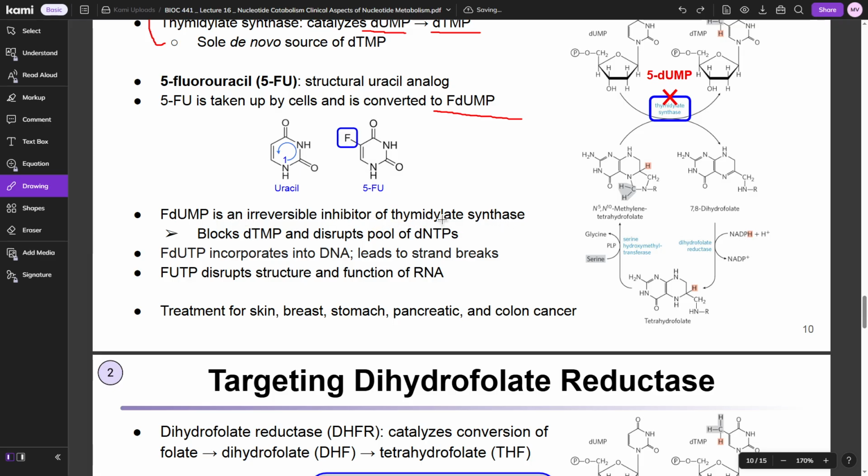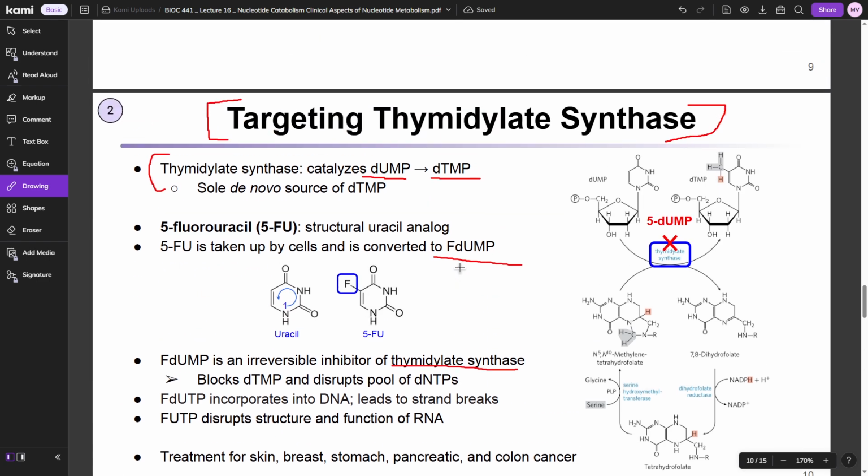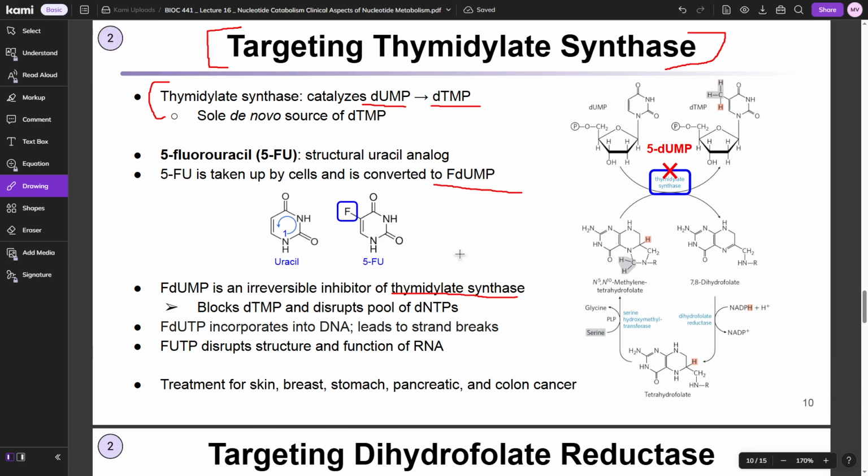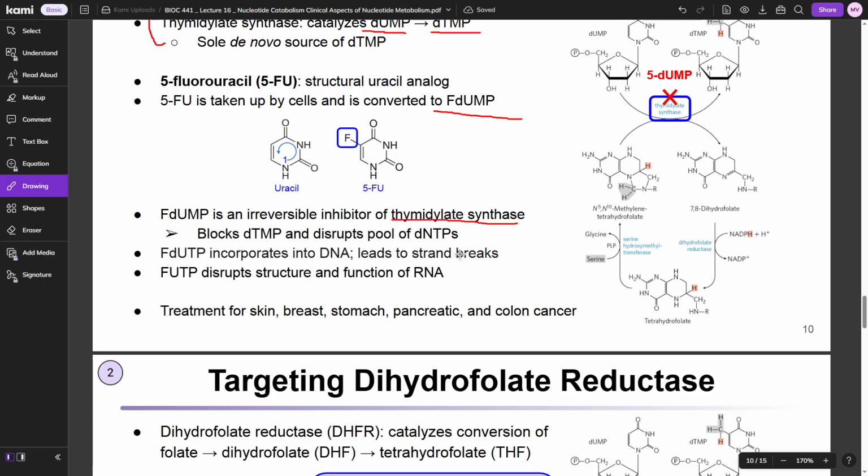So it's converted to this by RNR, but then this actually binds to thymidylate synthase and blocks dTMP from being made, because it blocks dUMP from binding to thymidylate synthase.